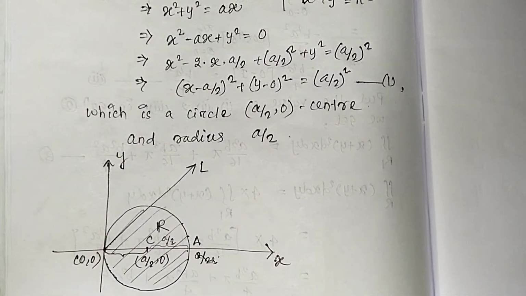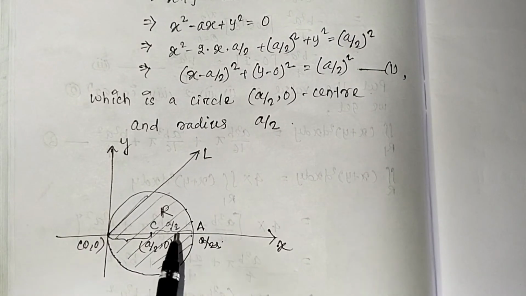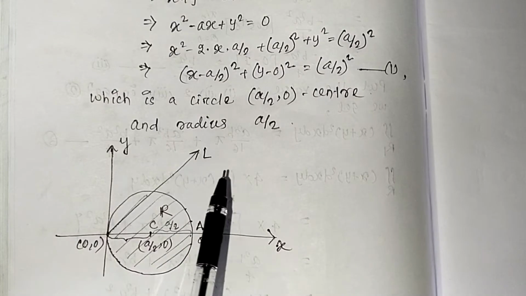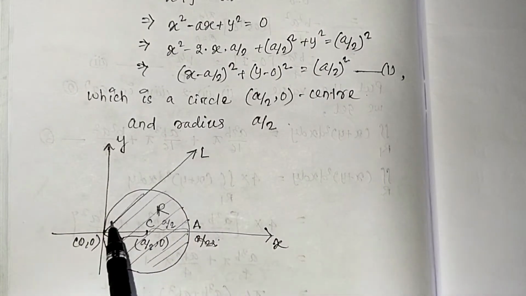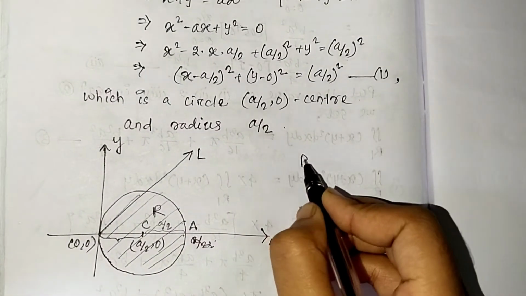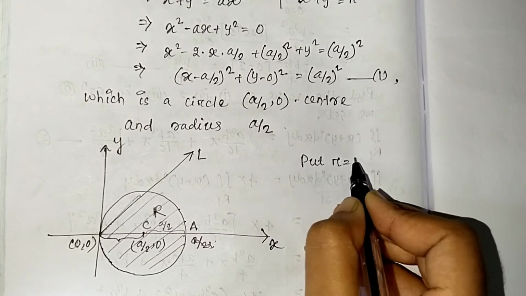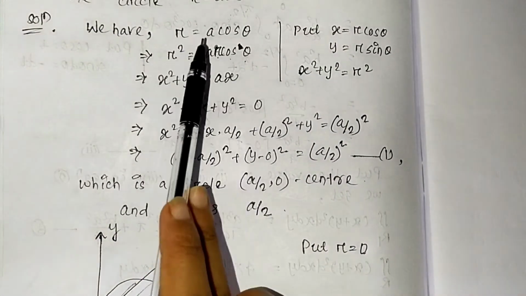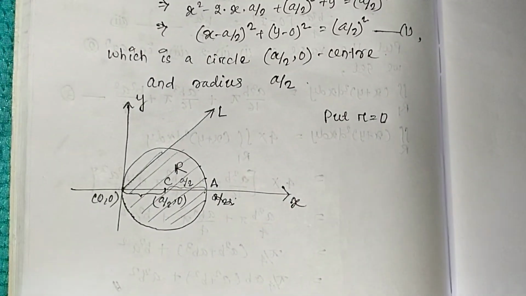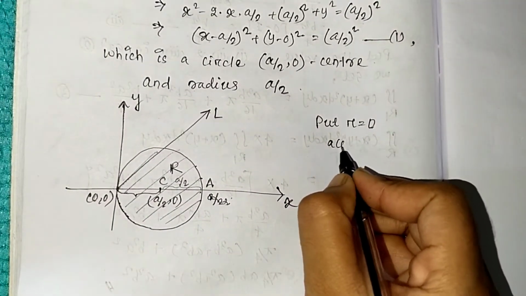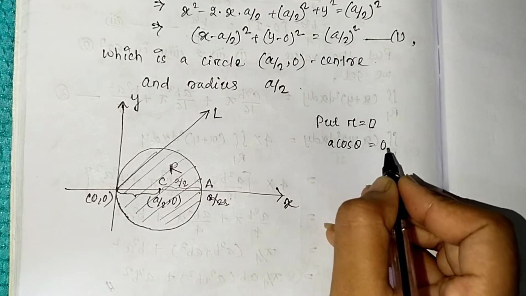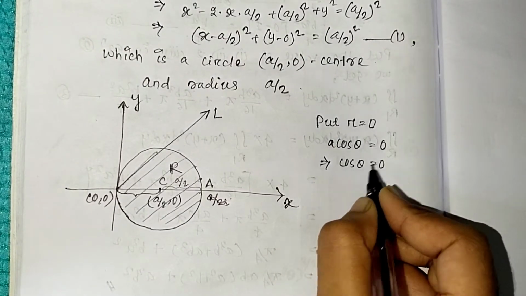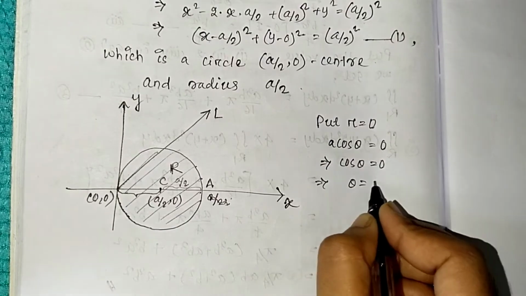To find the area of the circle, first we draw the line, then put r equal to 0. Then our r is a cos theta, so a cos theta equal to 0. That implies cos theta equal to 0 and theta is pi by 2.